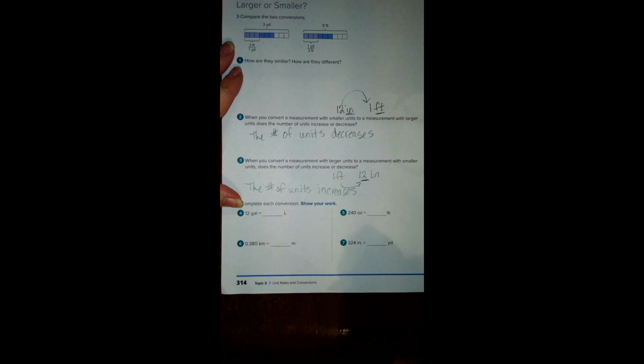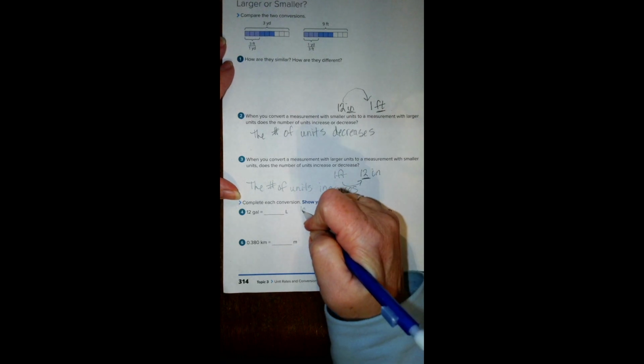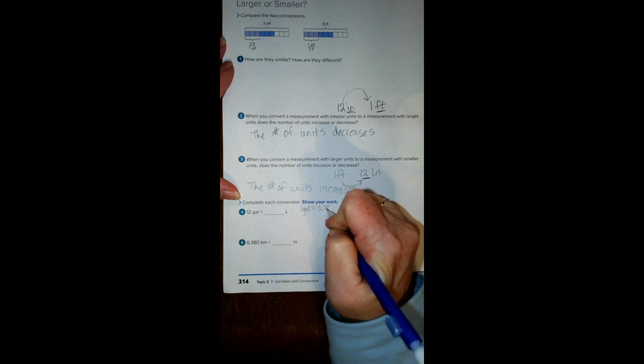Okay, complete each conversion. 12 gallons is approximately how many liters? I'm not going to take time to go back and flip through the book to show you where the conversion is. I'm going to tell you the conversion units here. I will tell you that 1 gallon is about 3.79 liters.